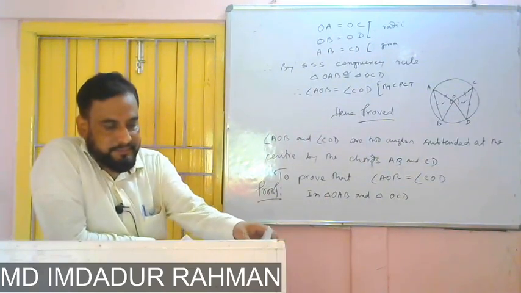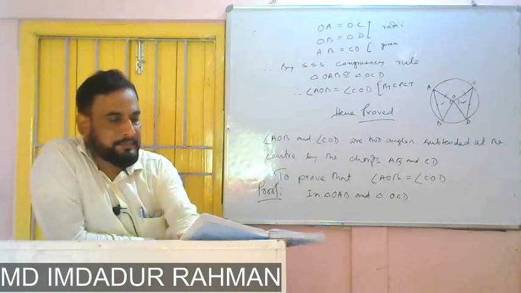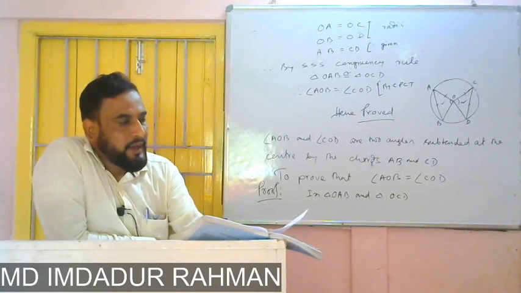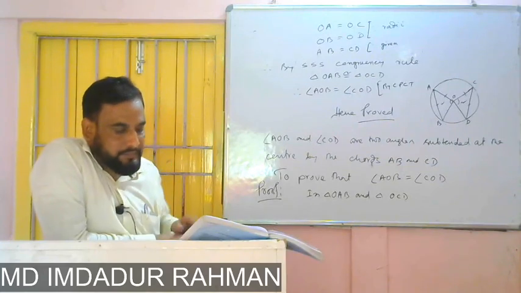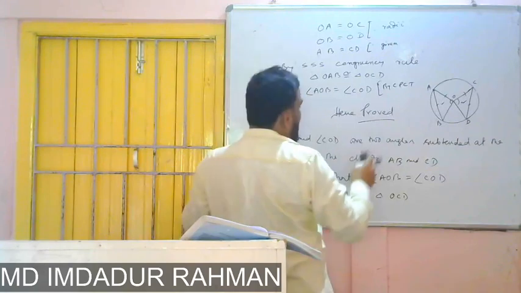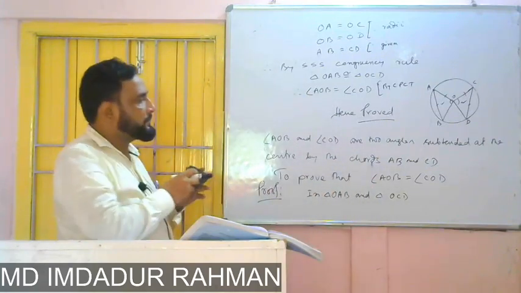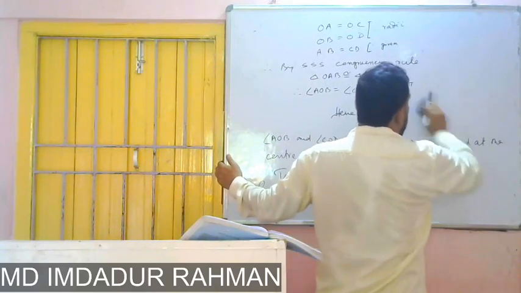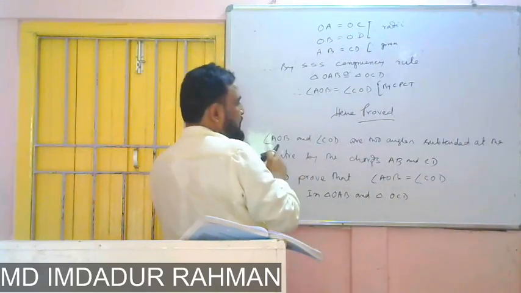So the next theorem is theorem 10.2. If the angles subtended by the chords of a circle at the center are equal, then the chords are equal. Now we are proving theorem 10.2. It is just the reverse, the converse of the previous theorem.